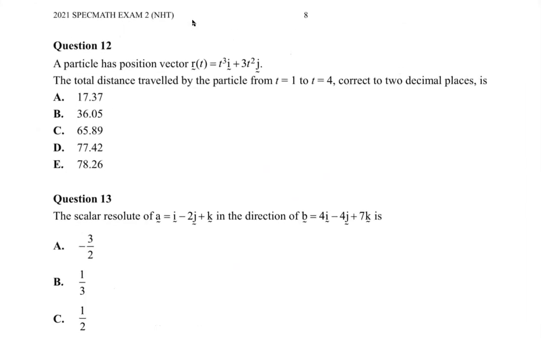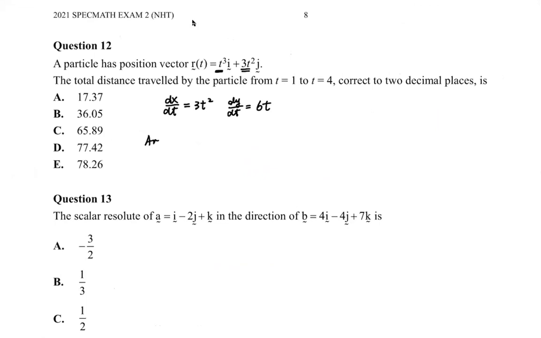A particle has position vector r of t equals t cubed times i plus 3t squared times j. Find the total distance traveled by the particle from t equals 1 to t equals 4. So dx/dt is the derivative of this, 3t squared. And dy/dt, the derivative of 3t squared, will give you 6t.